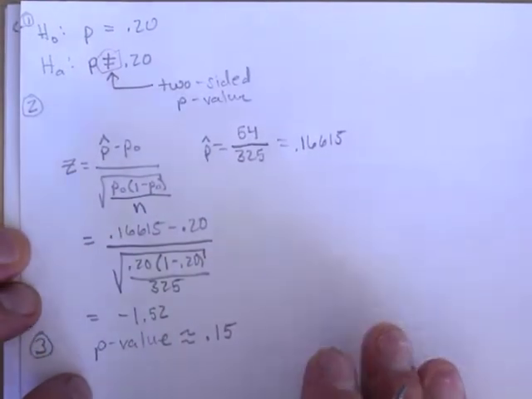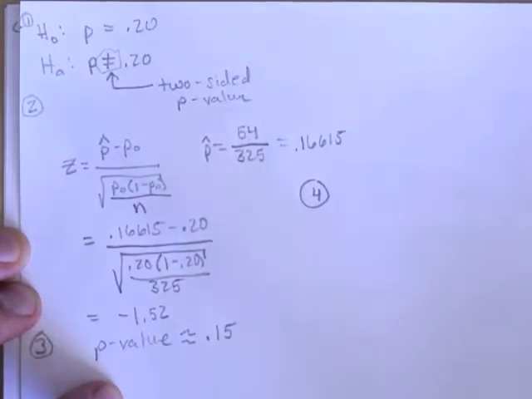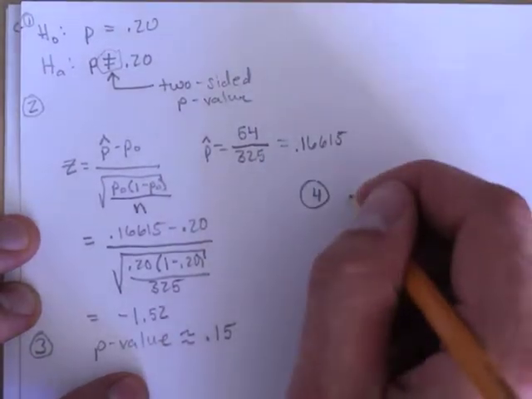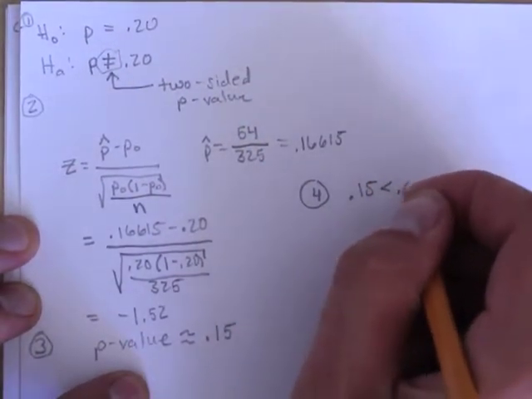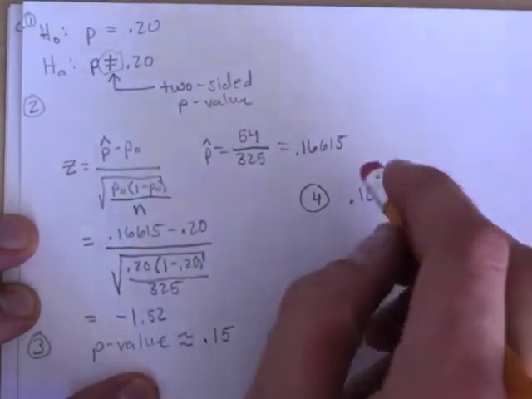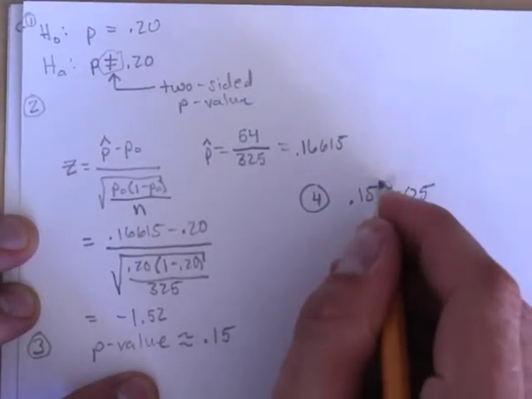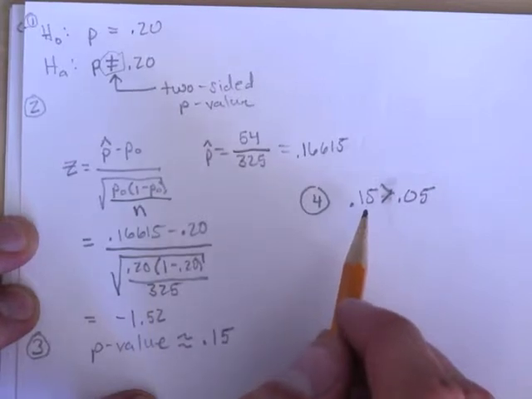So based on this, we can now go ahead and perform step 4, which is to determine if this is significant evidence. 0.15 is smaller than the significance level of 0.05. Sorry, that is bigger. I should know which way those go. It's bigger than 0.05, so we say that is fairly likely to occur.